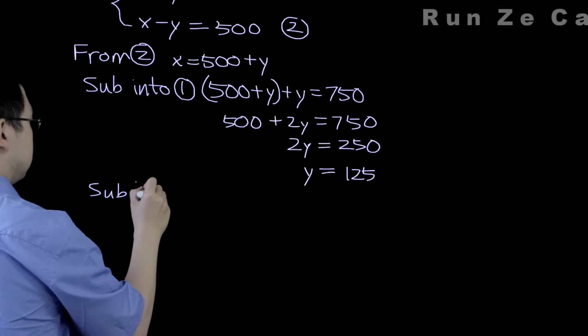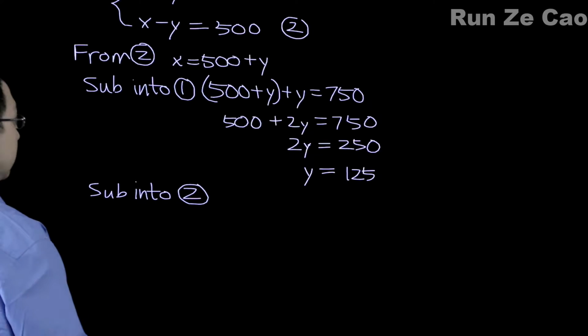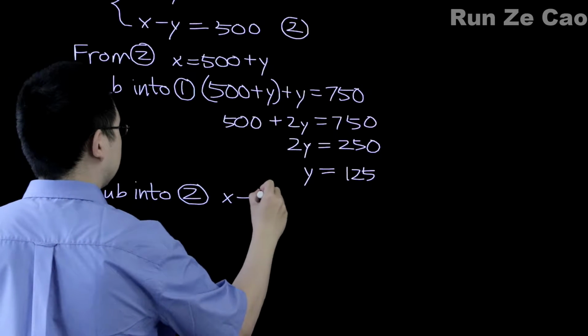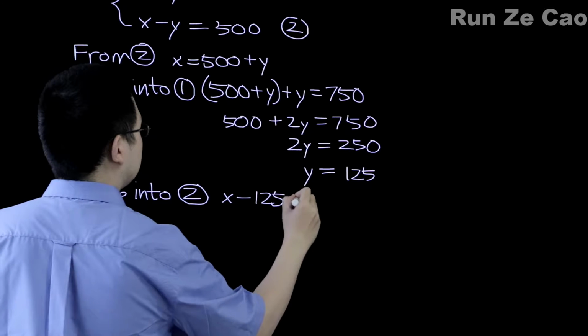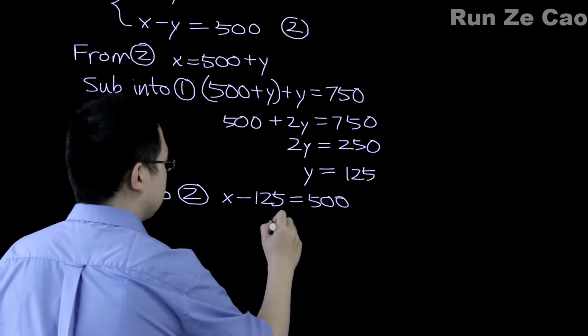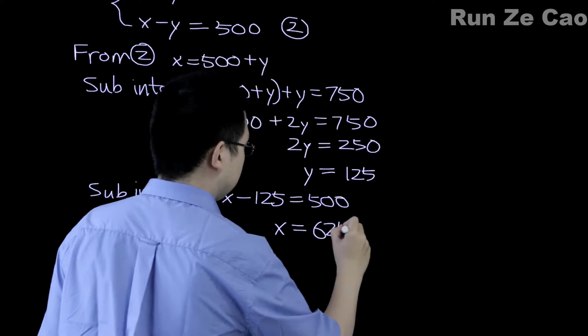Sub into 2, and this would lead us to x minus 125 equals 500. So x equals 625.